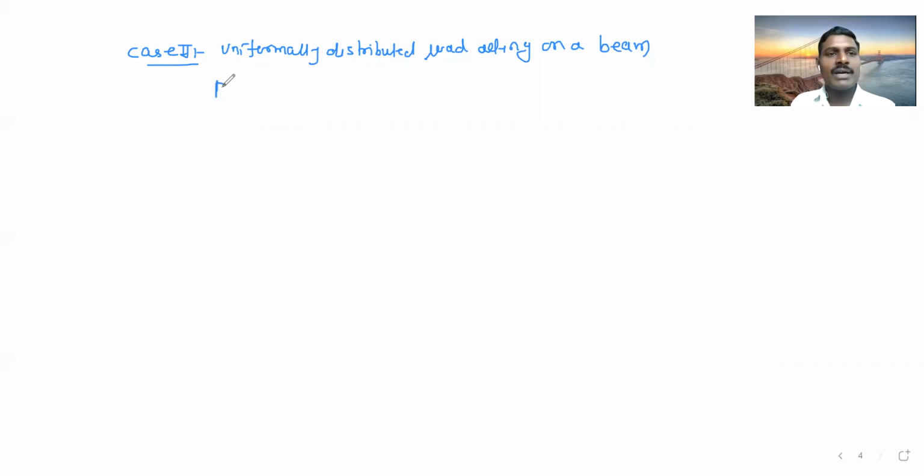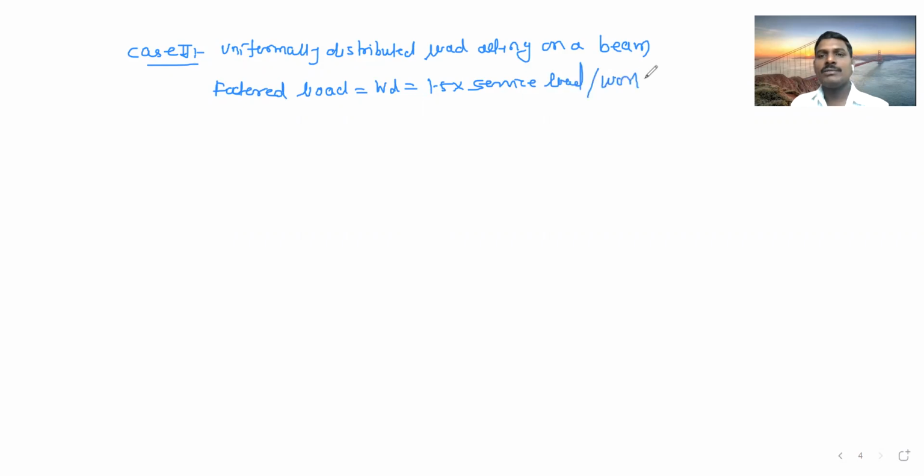Okay, so now again factored load. Factored load is equal to, again WD is equal to, if UDL is there, same 1.5 into service load or working load.